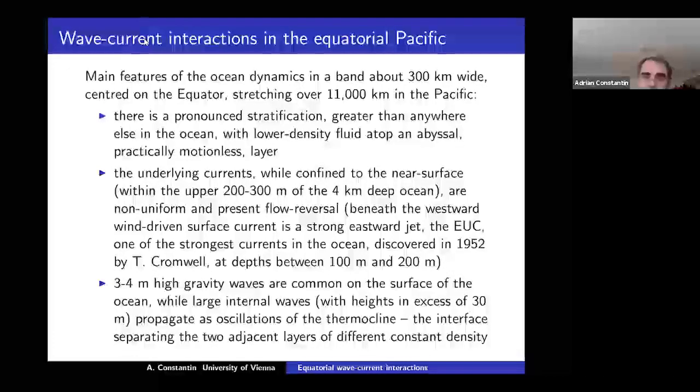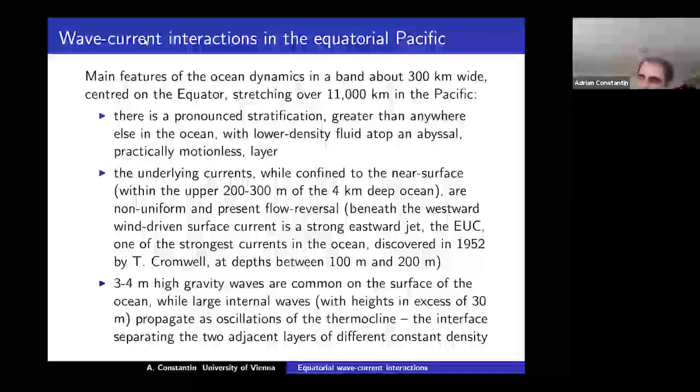Westward means towards Asia. But at depths just below this one, you have another current that goes eastwards. It was discovered quite late in the 50s, accidentally on a fishing expedition. And it goes at between 100 and 200 meters. Below 400 meters, there's not much going on.